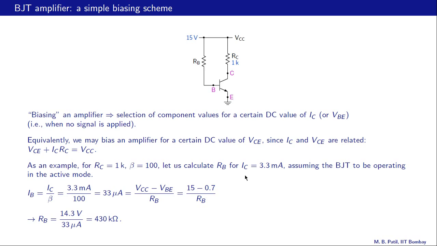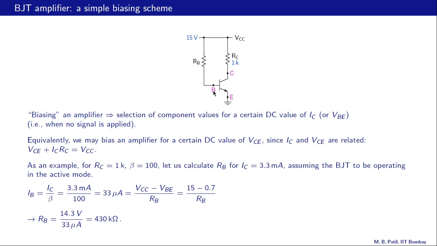Is the transistor indeed operating in the active mode with these component values? That's easy to check. Let us calculate VC. VCC is 15 volts. IC times RC is 3.3 times 1, so 3.3 volts. So VC is 15 minus 3.3, around 12 volts.